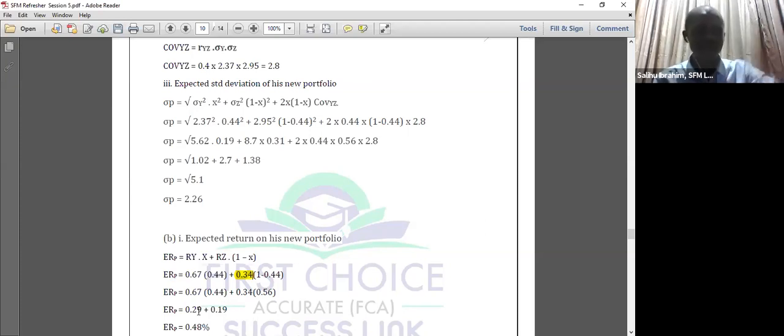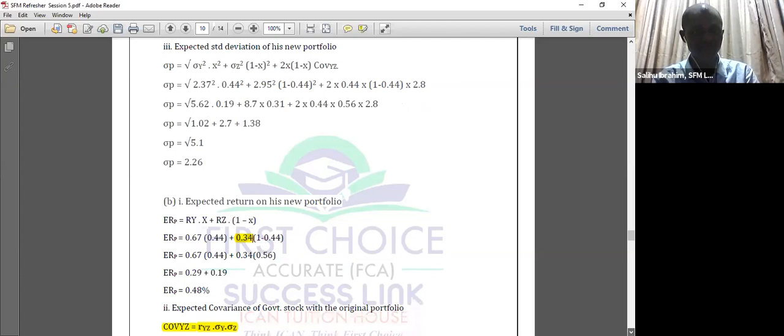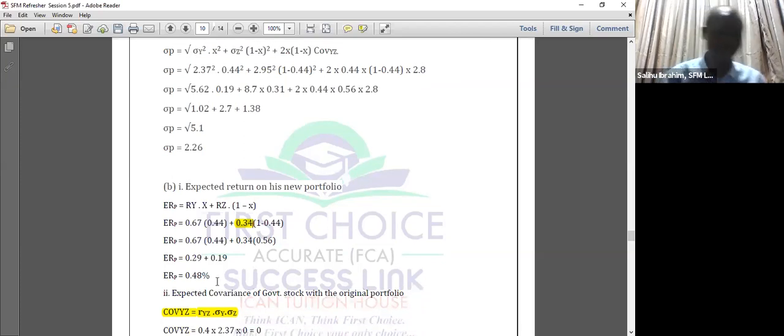Now, when you evaluate that, you have 0.48%. What can you notice? You see that the expected return on the portfolio has dropped compared to when we have the FCA stock in that portfolio.